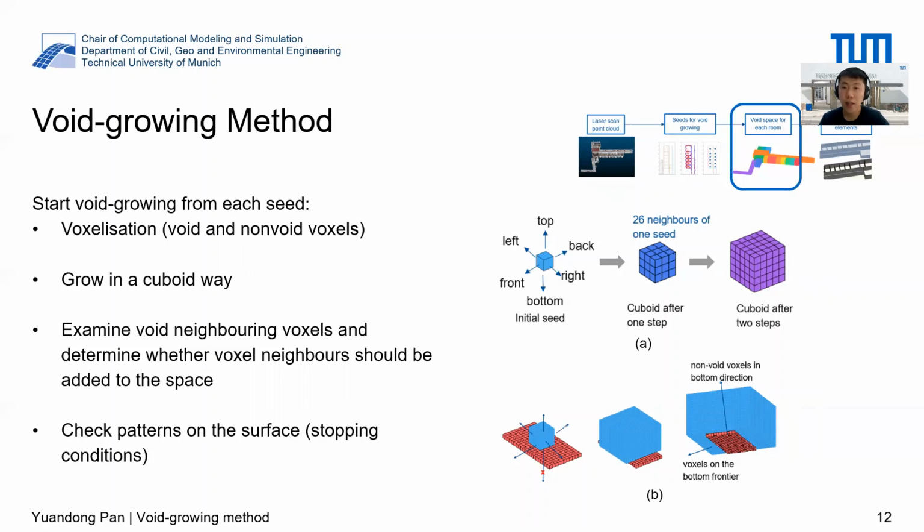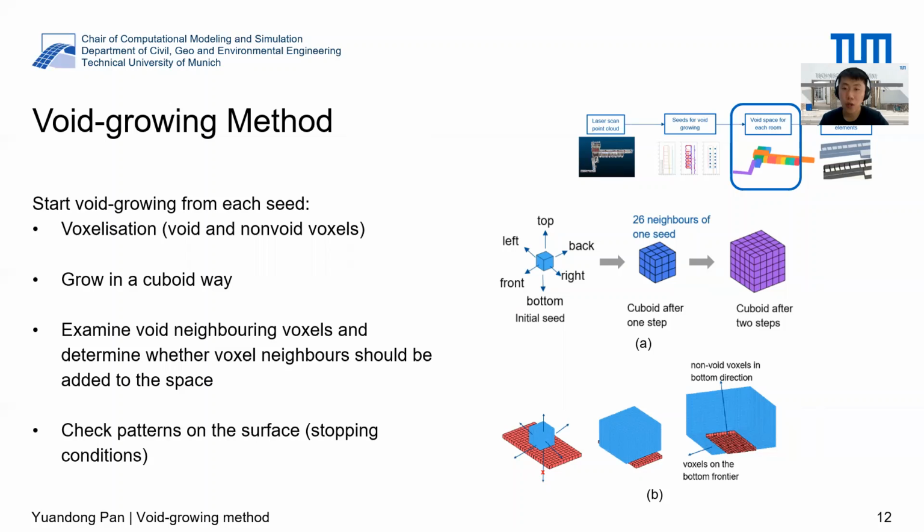The voxels can then be divided into two categories, void voxel and non-void voxel. We grow our void space from the seed in a cuboid way. This means the void space is grown from one void seed in 6 directions: top, bottom, left, right, front, and back.